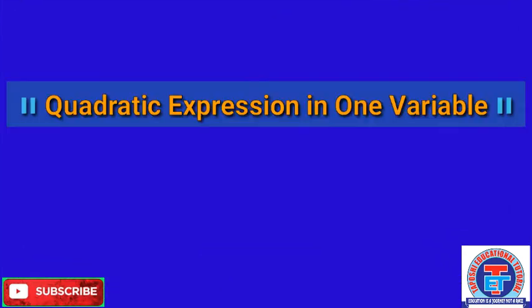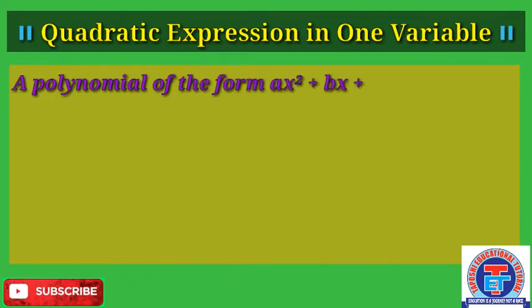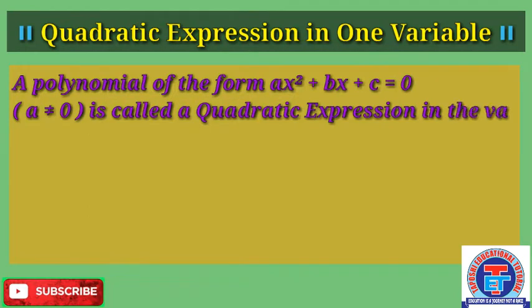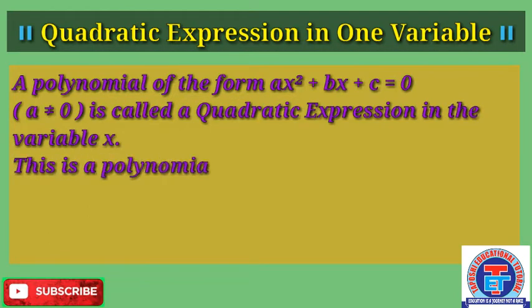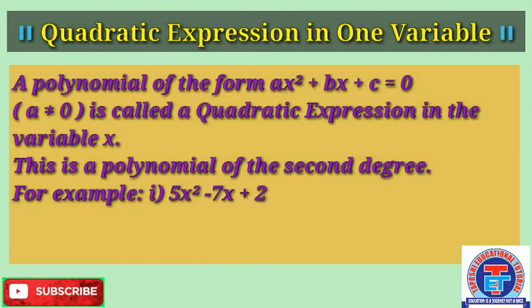Now my dear student, we understand here quadratic expression in one variable. A polynomial of the form ax square plus bx plus c, where a not equal to 0, is called a quadratic expression in the variable x.